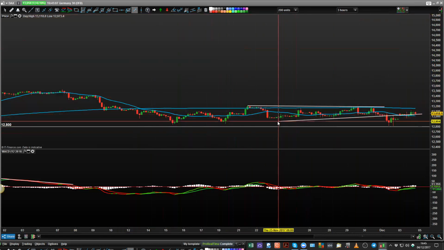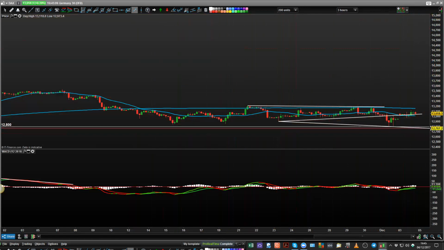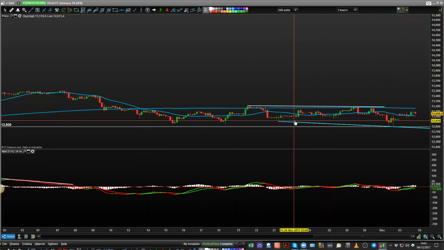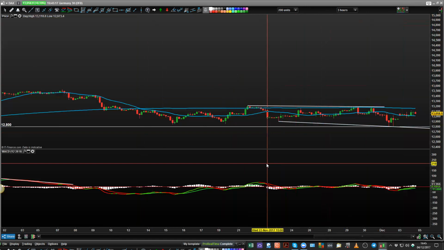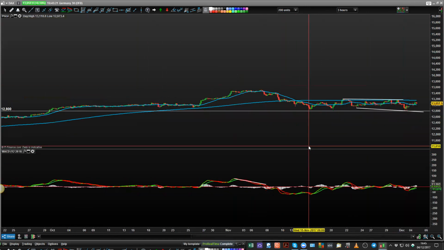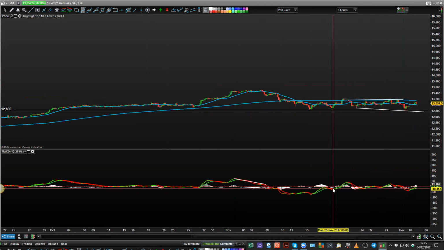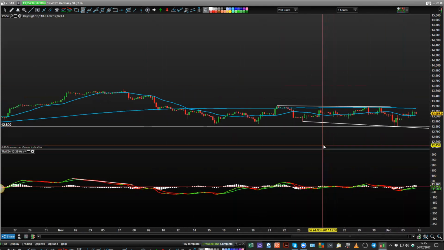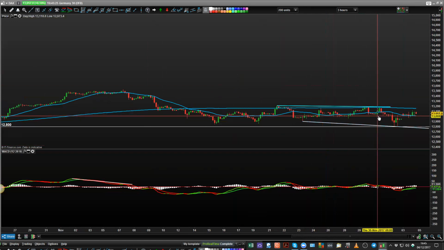The three-wave reversal would be closer to 700 to me. But I think we need to hold this 13K to see if that's going to push up.